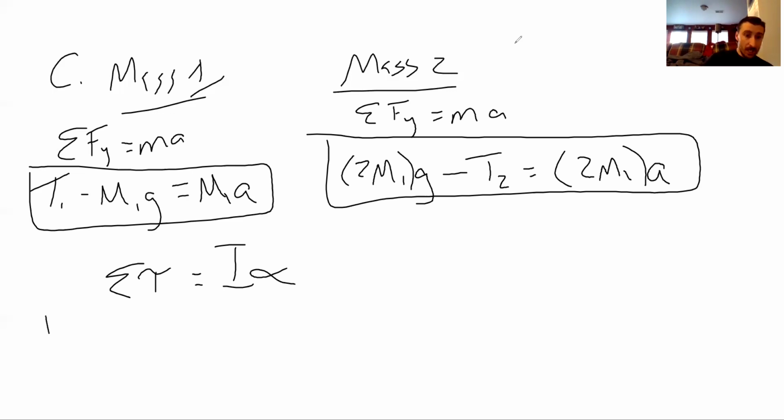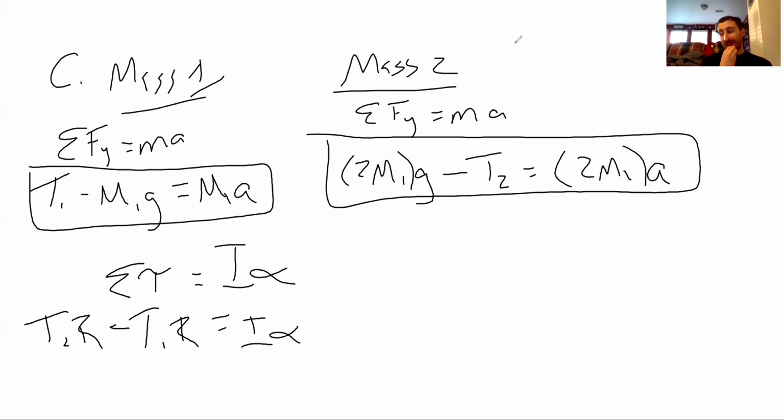The tension, which is equal to the force times the radius of the circle, gives me the torque. Minus T1 is pushing it this way, going the other way around the circle, so it's the opposite direction. So I've got T1 times the radius of the circle equals I alpha.